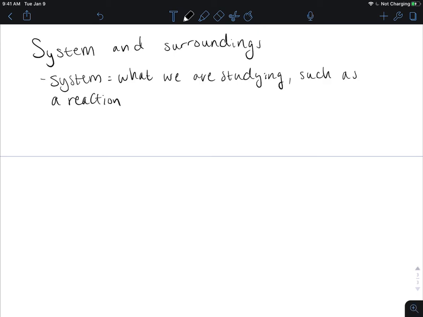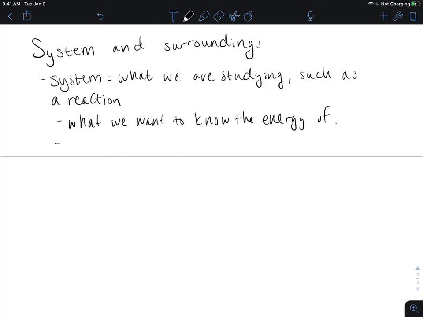Looking at that reaction, we can see the energy that it absorbs or emits. So this is what we want to know the energy of. This is not generally a simple process. It's usually very complex, so we can't generally look at our system. We will almost always have to look at our surroundings.